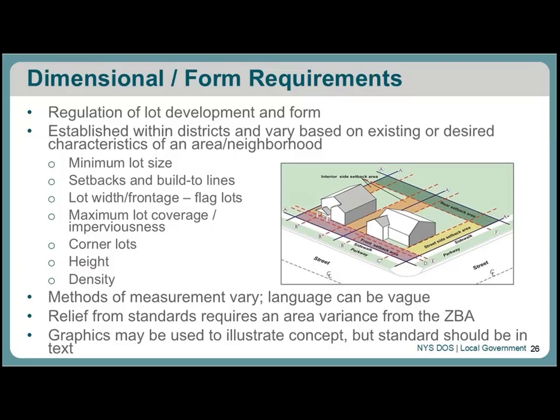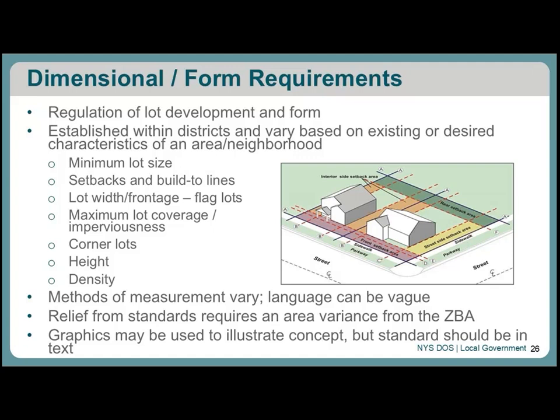Lot width and lot frontage, that's about access from public streets. Not uncommon to see lot width requirements and road frontage. That's pretty common. And that in conjunction with minimum lot sizes are things that are considered related to subdivision approvals.